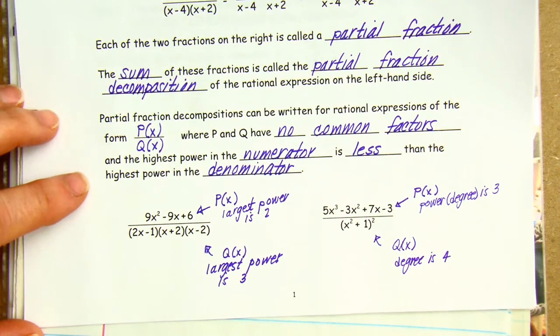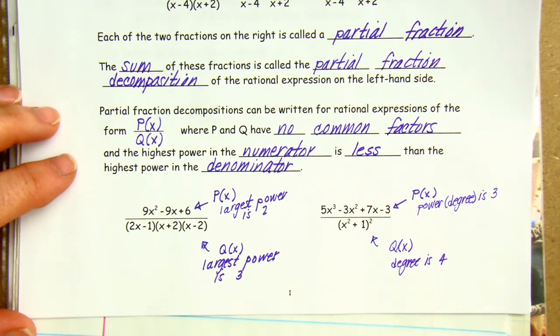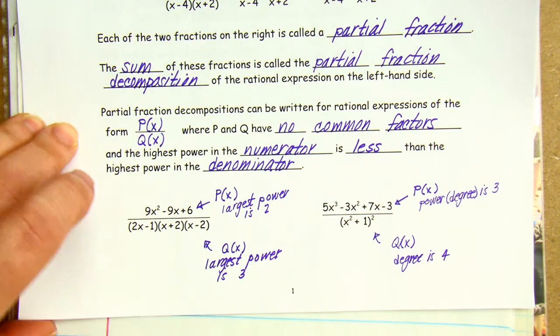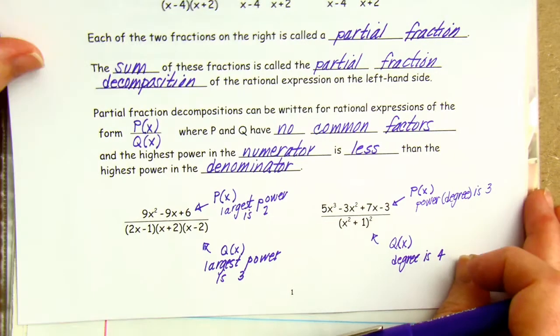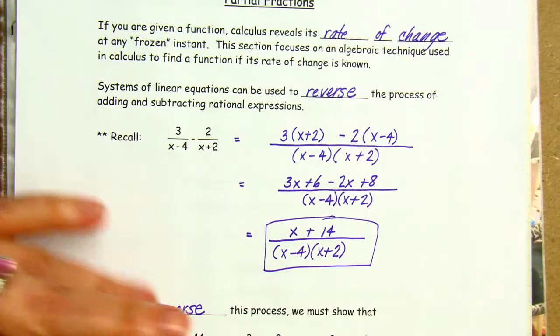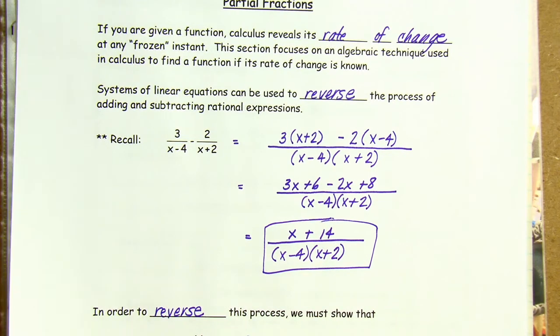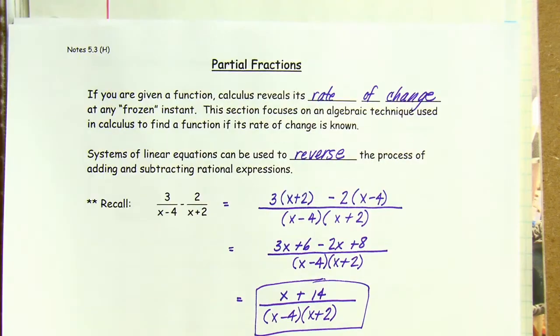All right, let's do some actual examples after we talk about the steps of what you do. So this process, not difficult, but a little bit long. And once you get the hang of doing these, they actually go pretty quickly.